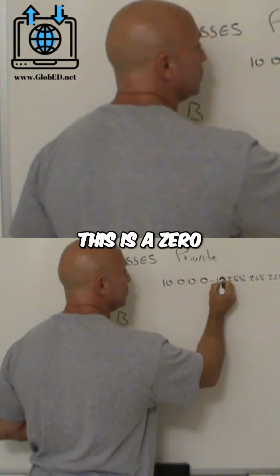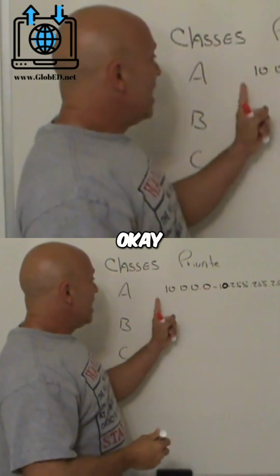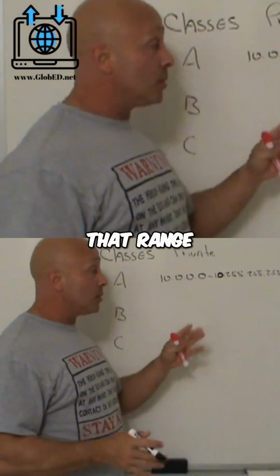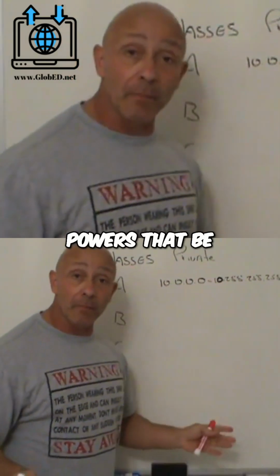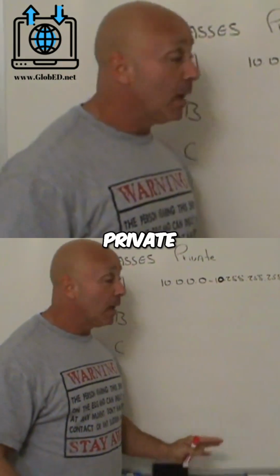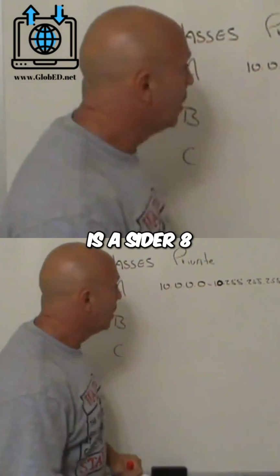Now, yes, this is a 0. I know my handwriting is something to be desired. Okay? We classified it. It's an A, right? First octet falls in that range. They decided, powers that be, that the entire 10 is going to be private. So that's the entire range, and the default mask naturally is a CIDR 8.